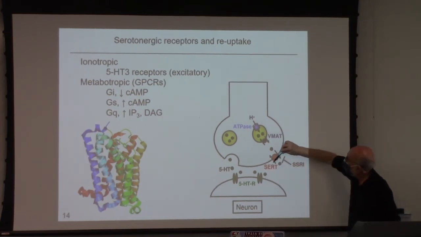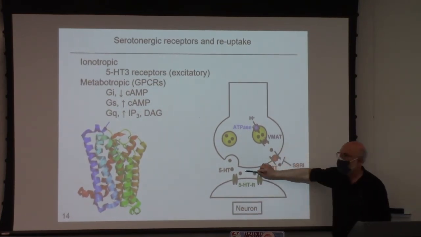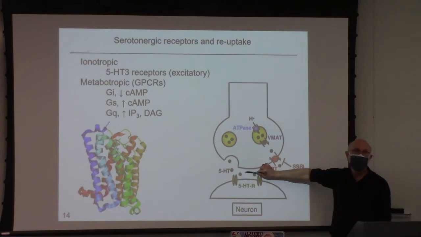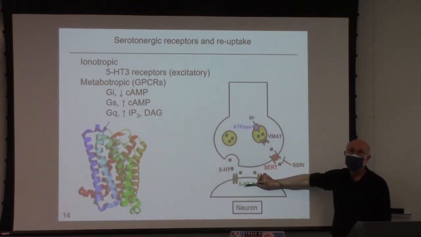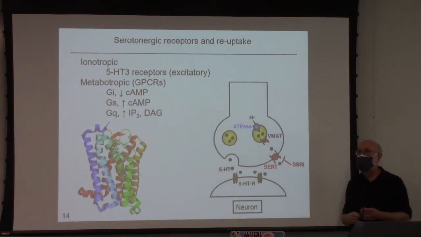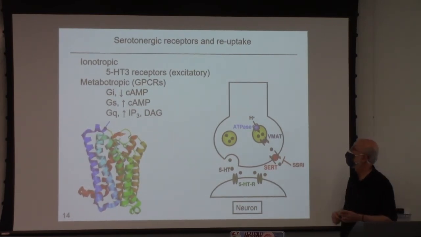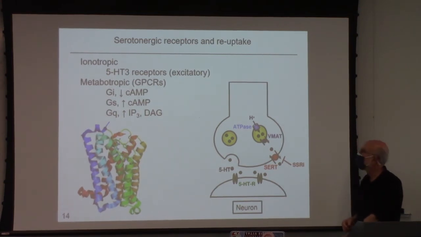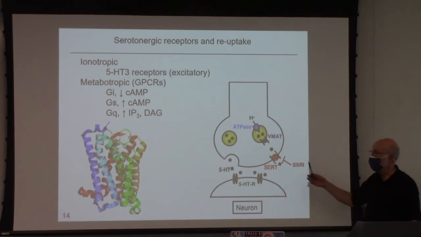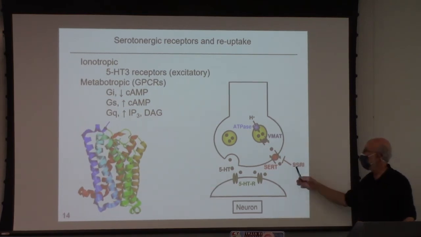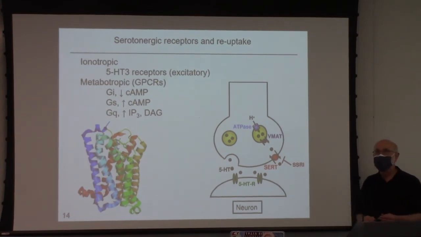So by inhibiting this transporter, there is more serotonin in serotonergic synapses, and that becomes antidepressant. The mechanisms are complicated, actually. But you know that serotonin is important for mood by knowing that selective serotonin reuptake inhibitors improve mood for someone who is depressed.